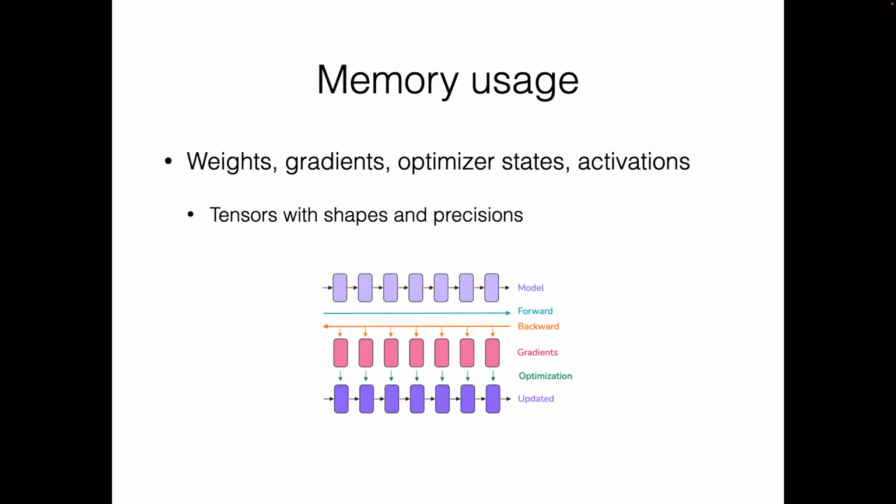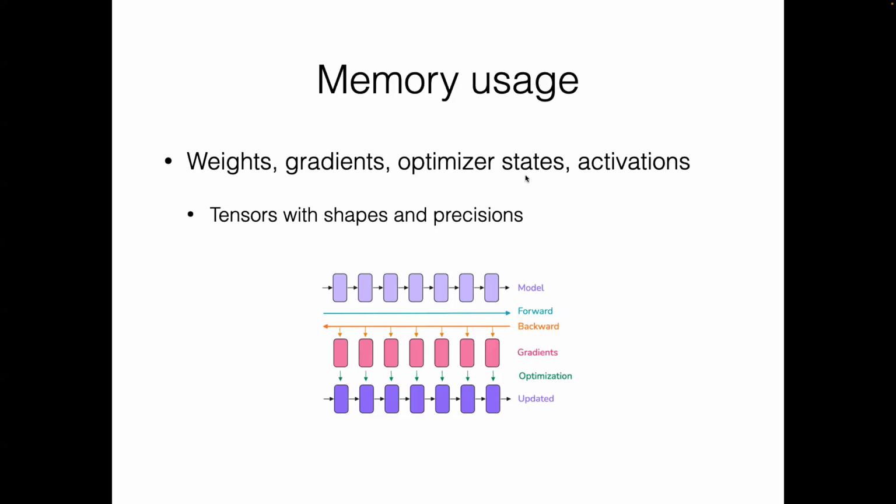Okay, so that's compute. And then if we think about memory usage, at a high level, what memory is involved in training? Well, we have to store the weights of the model. You have to store the gradients. If you remember with Adam, you have this momentum and variance parameter or states.